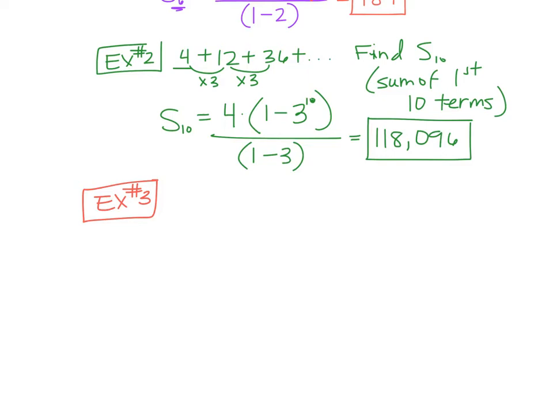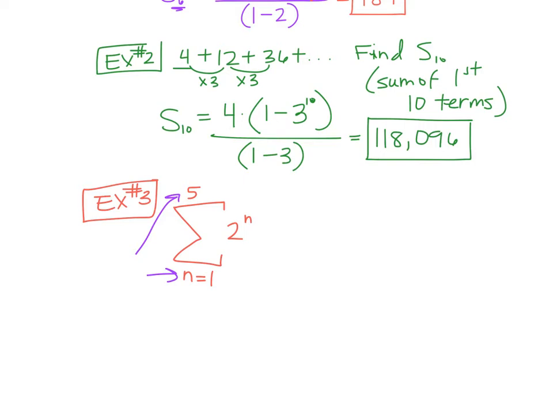Example 3. Back to our good friend Sigma here, who looks different every time I write him. Let's say we have n equals 1 and then 2 to the nth power. Okay, now here's the deal with this one, guys. You see right here, we're starting at 1 and we're going to 5. So there's only 5 terms here, and it's 2 to the nth power.